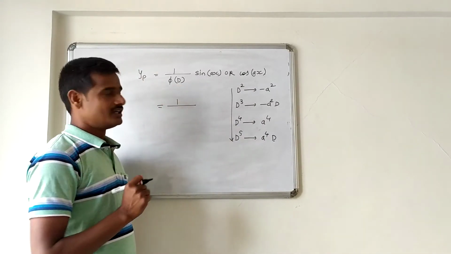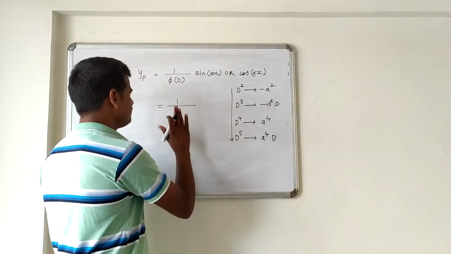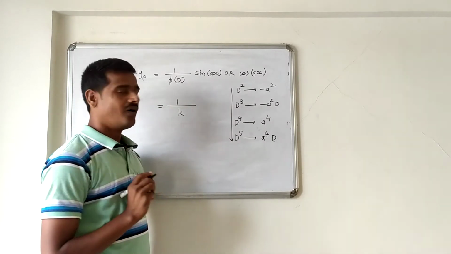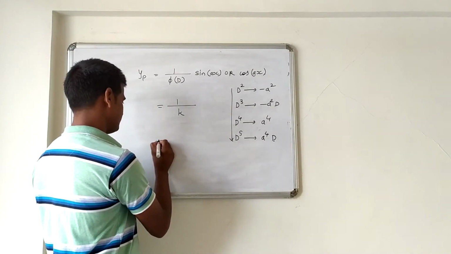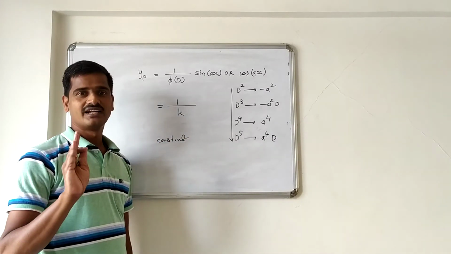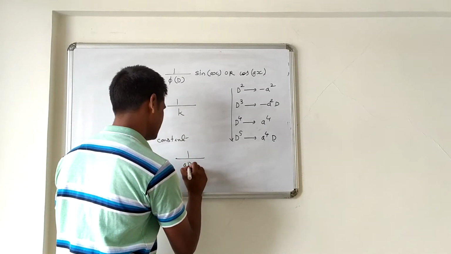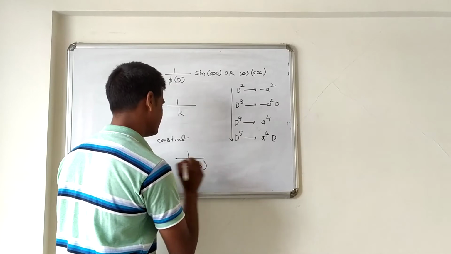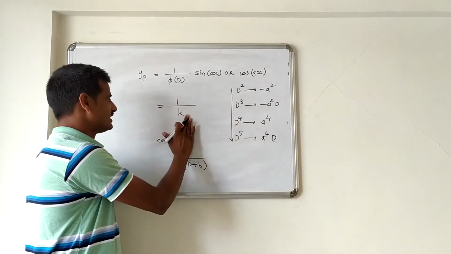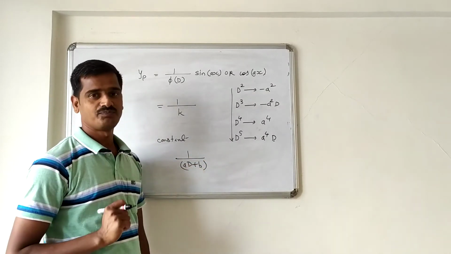Can you guess? There are two possibilities. Number one, you will get some constant, let us say k. The second possibility is that you will get a linear polynomial in d, that is 1 upon, let us say, ad plus b. So either you will get a constant or you will get a linear factor in d.